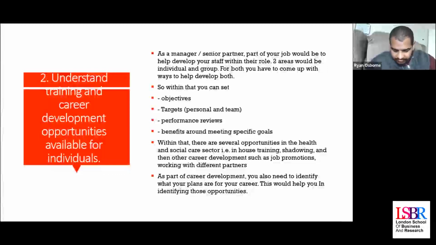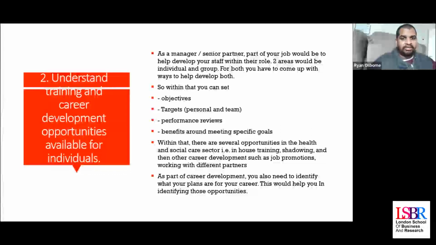Okay, so let's look at certain development opportunities. So, as a care worker now in a particular agency, you've got care worker, you've got different levels, got level 1, level 2, and level 3.